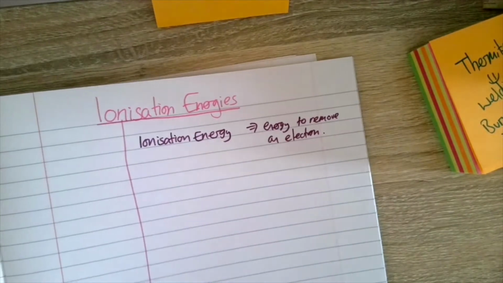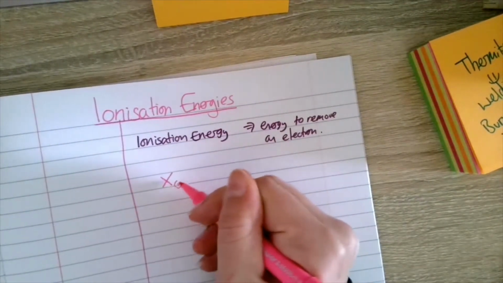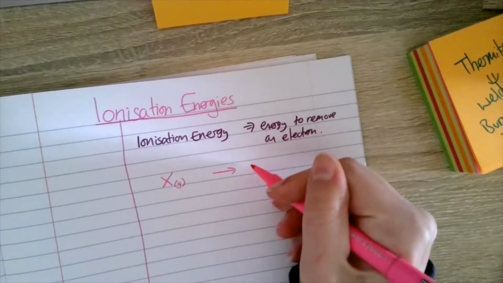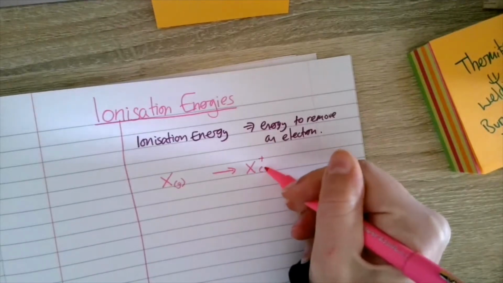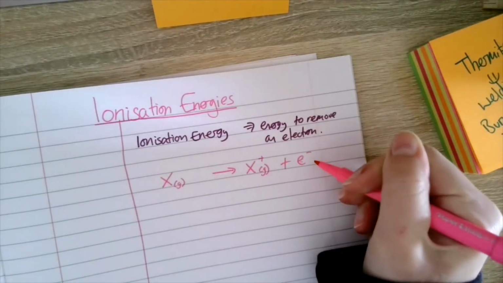And the way to think about our terminology here is to think about what's actually happening. So here we've got an atom X in the gaseous state, and it's forming a positive ion, and one electron has been removed.